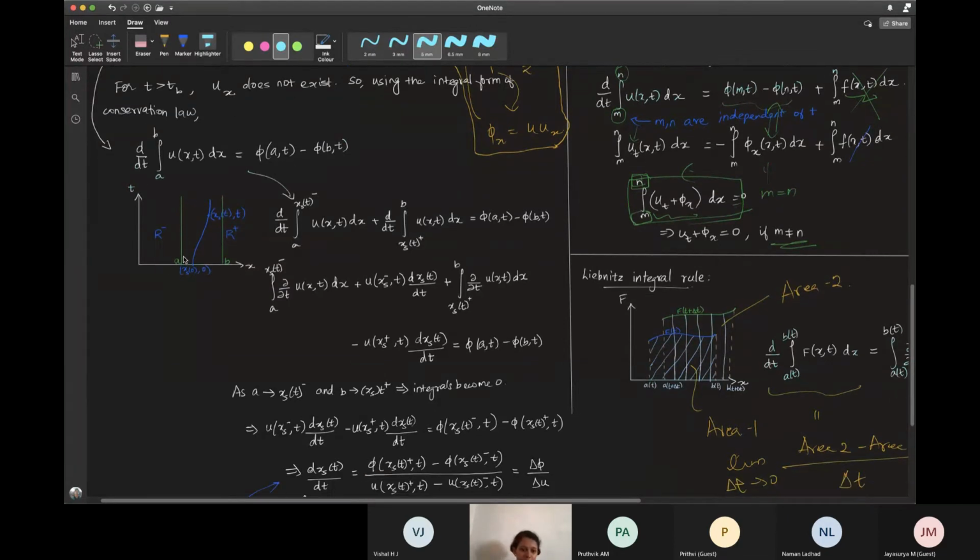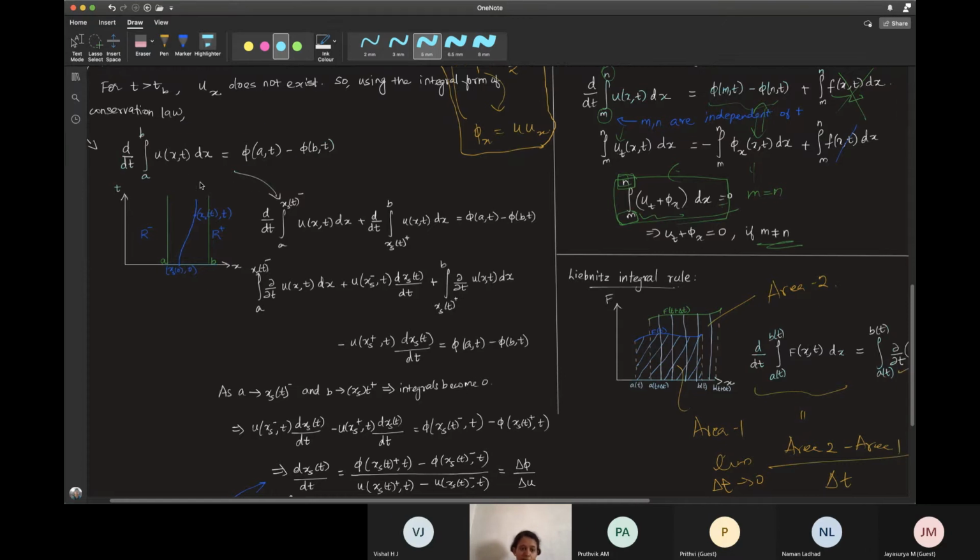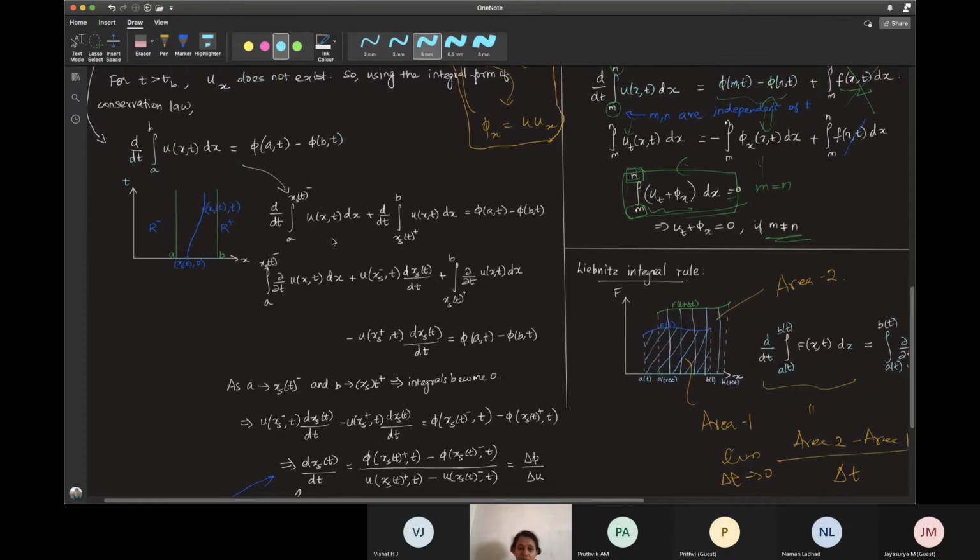So we consider 2 points A and B to the left and right of this curve. Then for this region we construct a conservation law. So this is our control volume. For this control volume, this is going to be the integral form of the conservation law, and we have integration from a to x_s(t) minus.